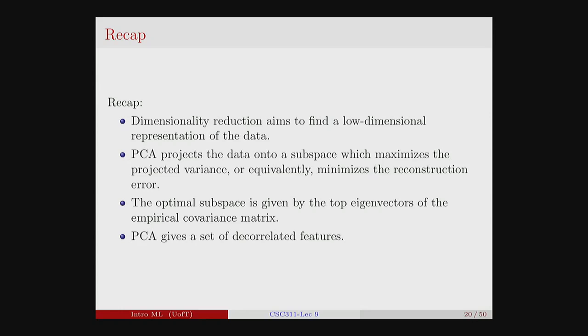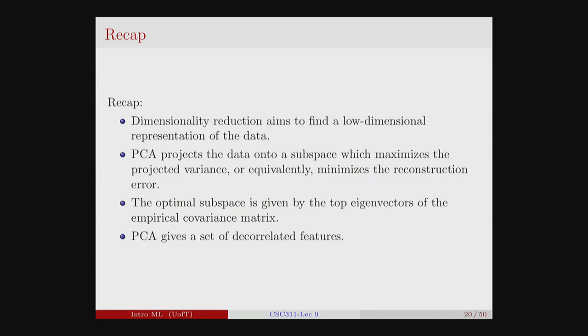So to recap, dimensionality reduction aims to find some low-dimensional representation of data. PCA is going to project the data onto a subspace which maximizes the projected variance, or equivalently minimizes the reconstruction error. And the optimal subspace is spanned by the top k eigenvectors of the empirical covariance matrix.